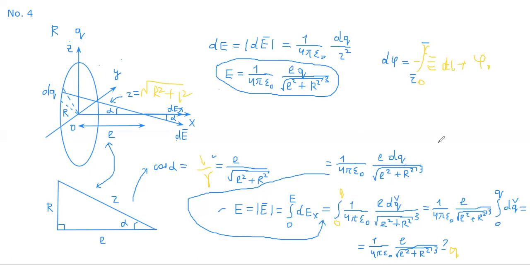This is correct, but it will not be useful in our case because we don't know electric field intensity as function of coordinates or as function of radius vector. So it would be better to use another formula.